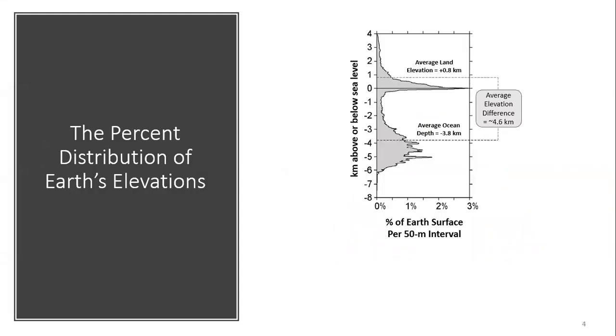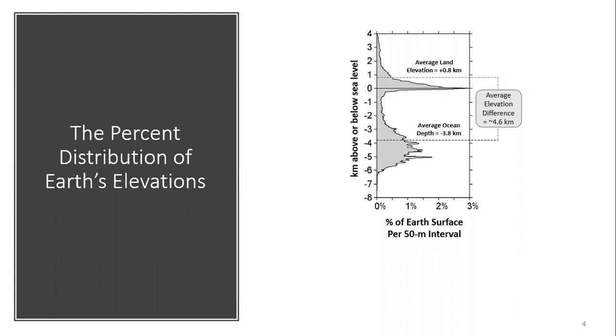Histogram, the percent distribution of Earth's elevations. If you were to measure the elevation relative to sea level at every location on Earth's surface and plot it into a histogram showing percent distribution of elevations in 50-meter interval bins, then you would get the following histogram.